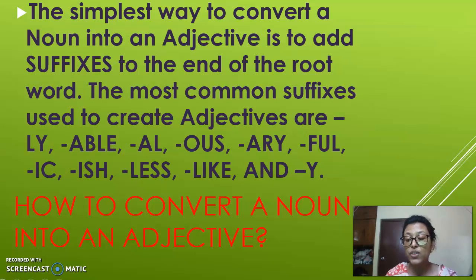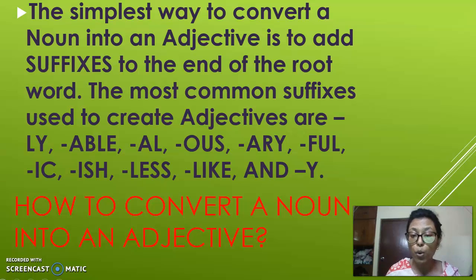Before that, we saw guilty. The root word is guilt. Along with that, we add the suffix y, and we make it an adjective. So the simplest way to convert a noun to an adjective is to add suffixes to it.